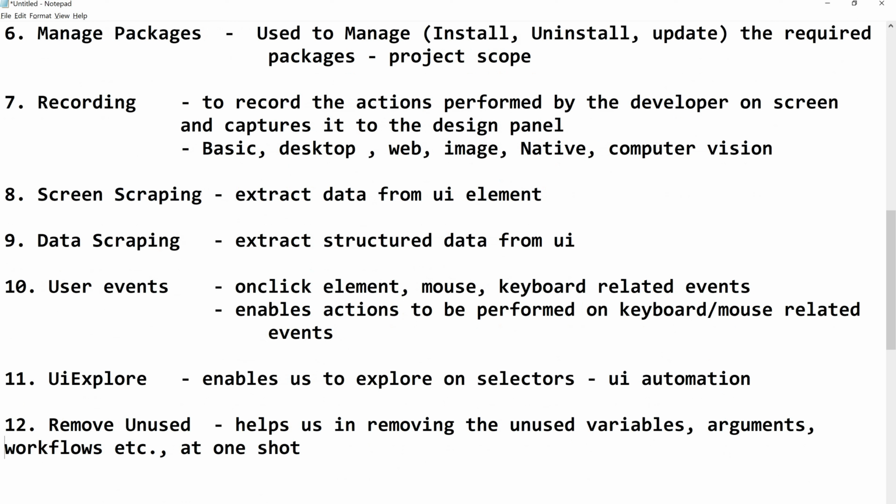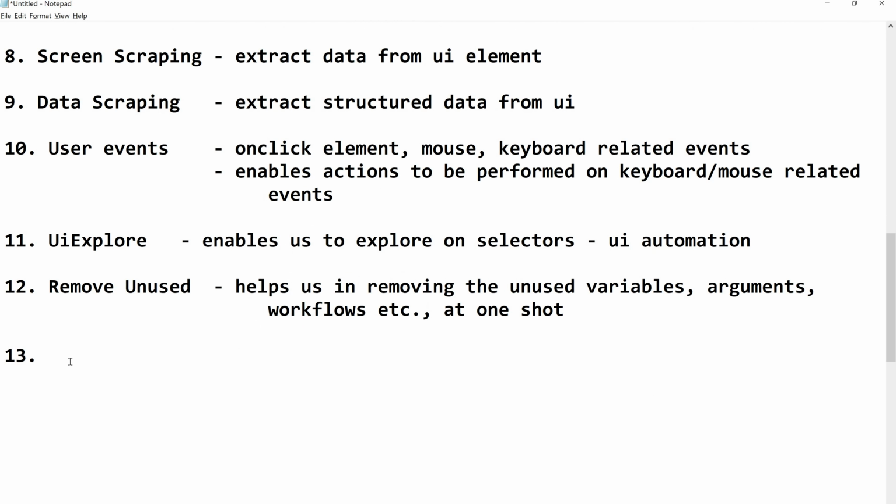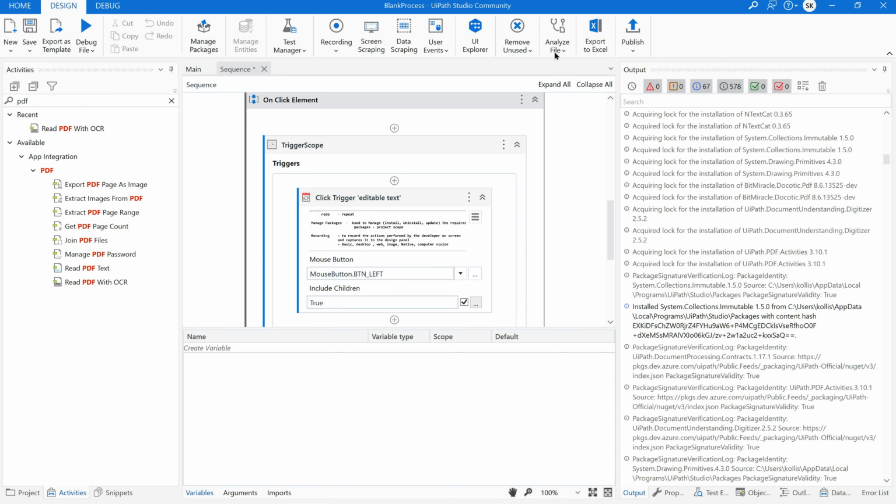Just remember this high level statement so that it will be easy for you when you start your automation using UiPath Studio. Now let us move on to the other one. It has Analyze File. Analyzing the file, what it is doing: check the file for validation errors and workflow analyzer violations.